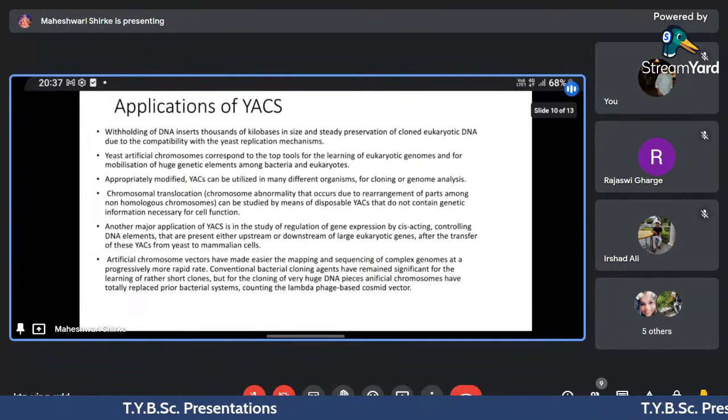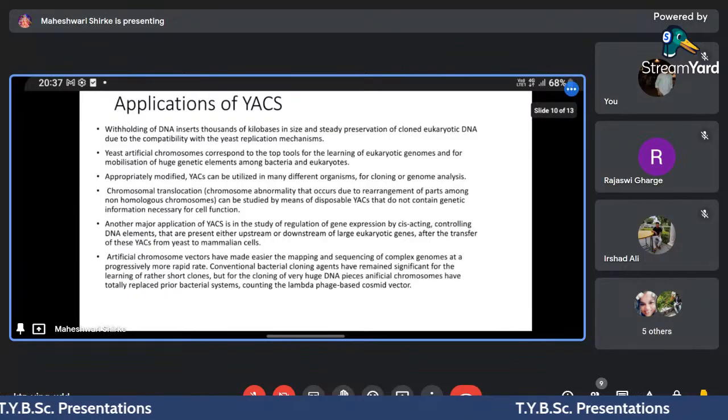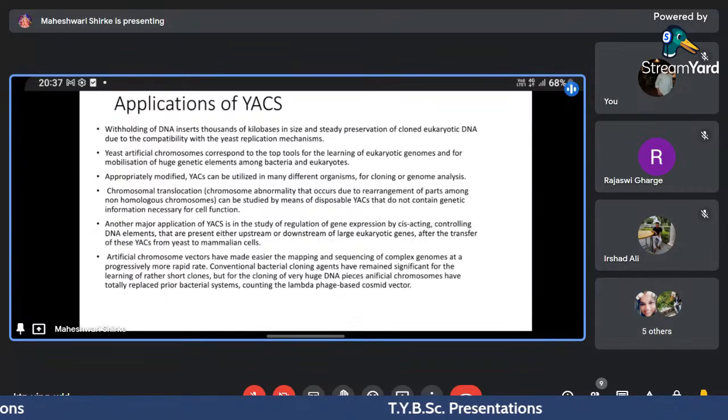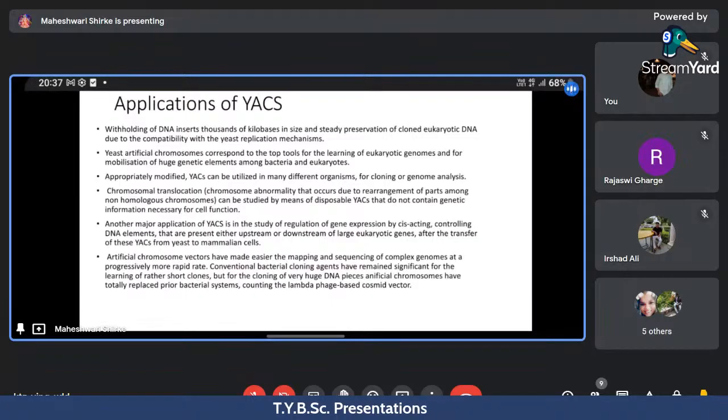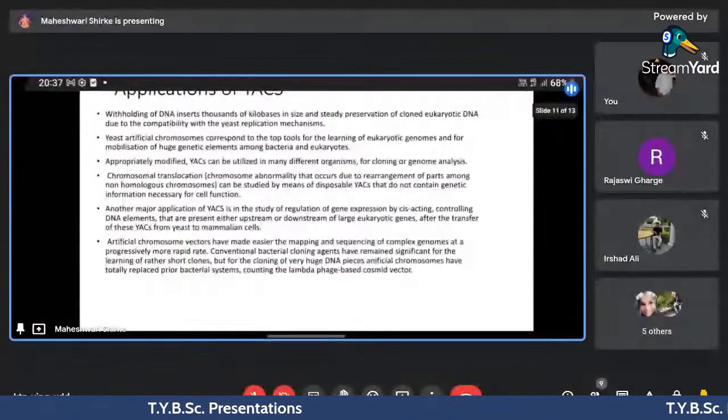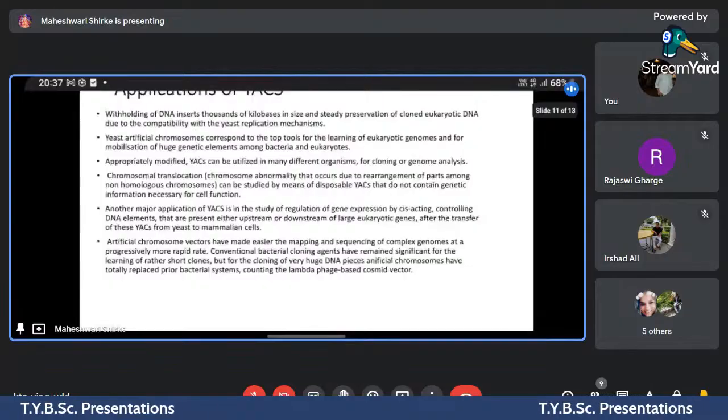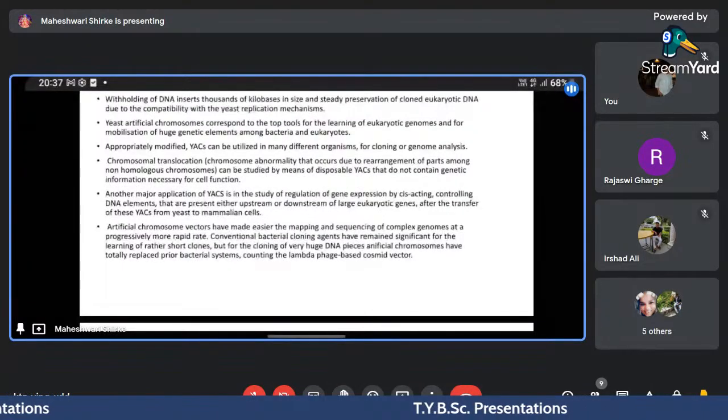Second, the artificial chromosomes are important tools for the study of eukaryotic genomes and for mobilization of genetic elements among bacteria and eukaryotes.